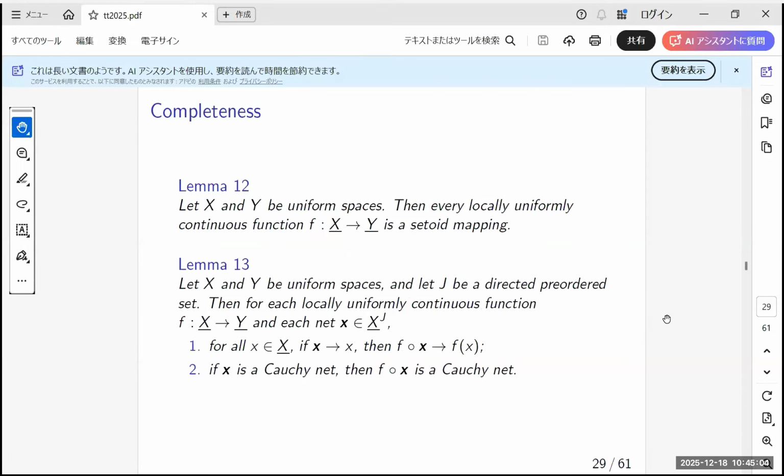And then every locally uniformly continuous function is a setoid mapping, and a locally uniformly continuous function maps a convergent sequence to a convergent sequence and a cosinet to a cosinet.